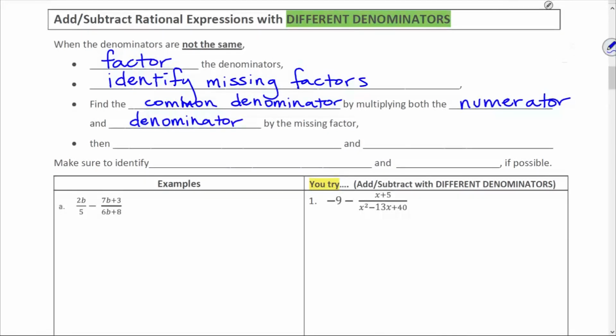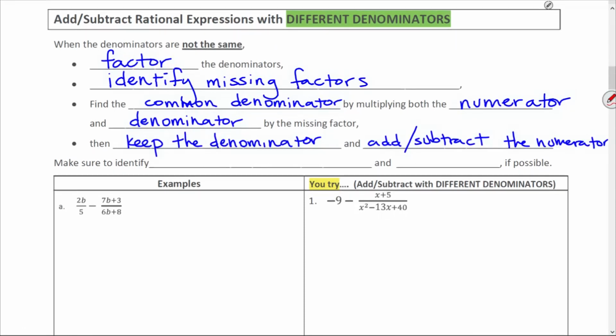Then you'll keep that denominator and add or subtract the numerators. Make sure to identify excluded values, which I won't be doing in this video. I will focus on that idea when we get to solving, and we'll simplify if possible.